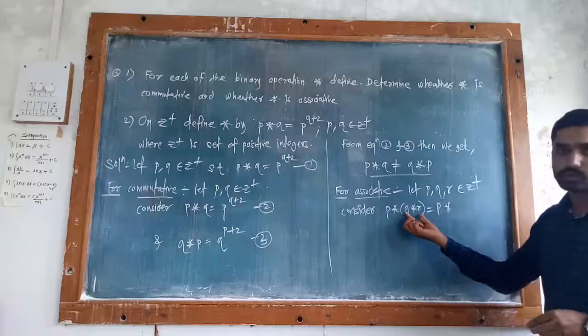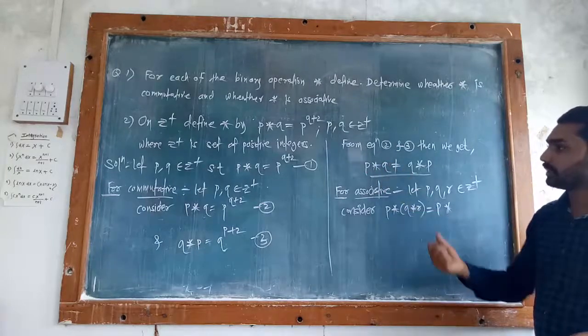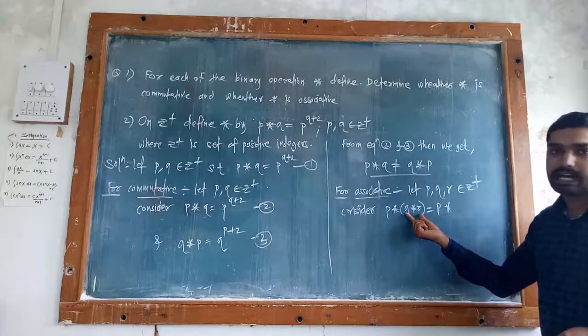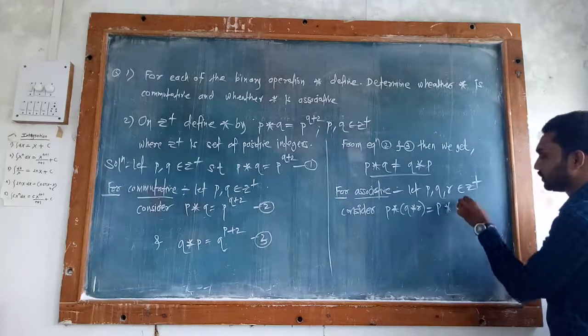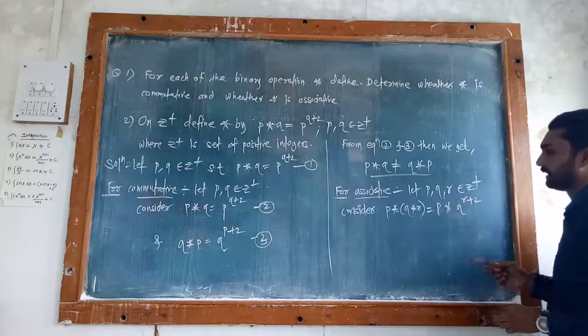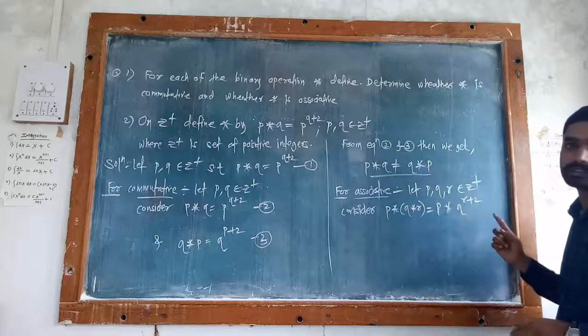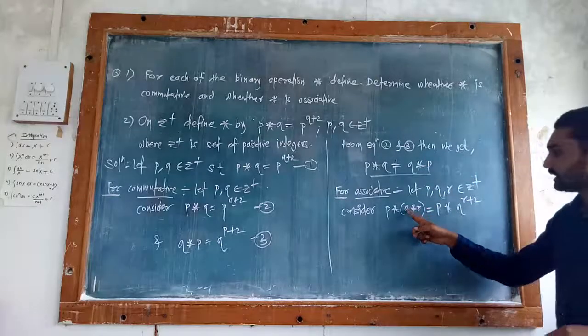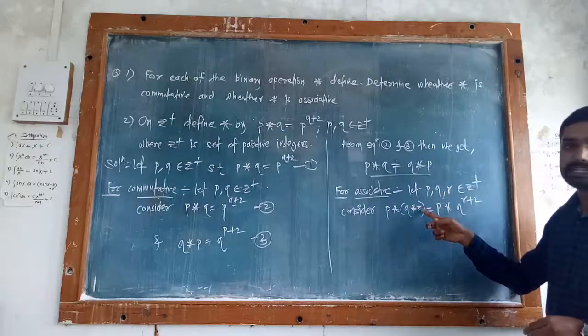What is the value of Q star R? From equation 1, Q star R becomes Q raised to R plus 2: the first element, its power becomes the second element plus 2.